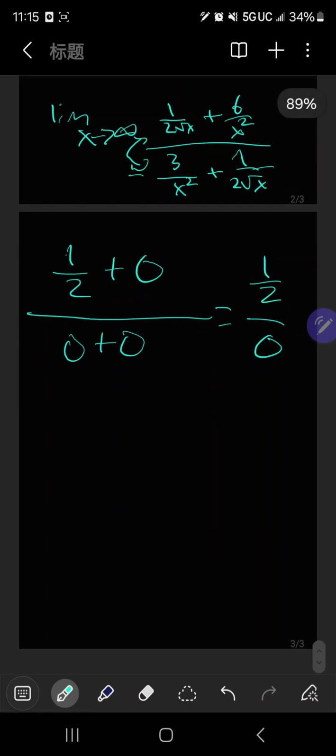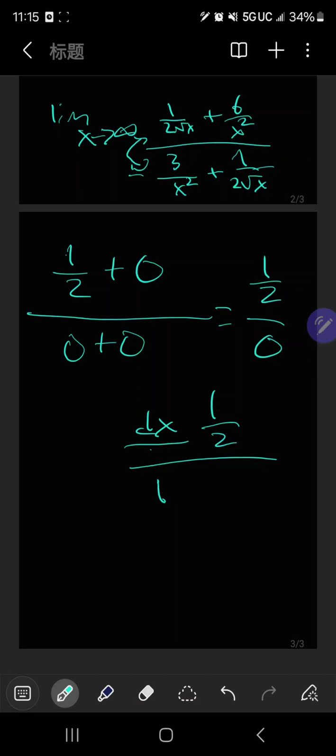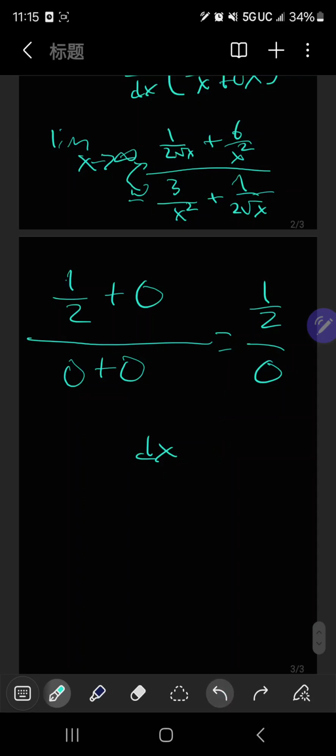we get 1 over 2 over 0, which is an indeterminate term, so applying L'Hopital's rule again, we could do d over dx of 1 over 2 over d over dx, times 0. My bad, I'm kind of tired.